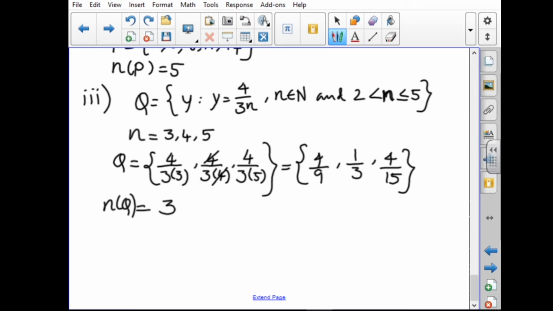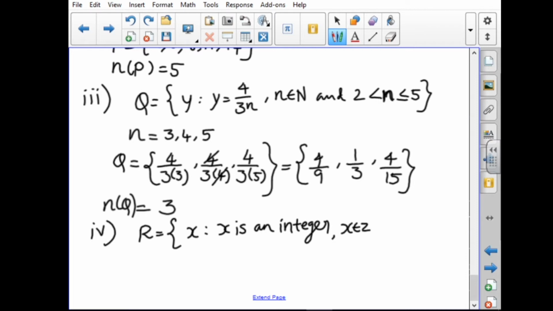Then the fourth question, R is equal to x, x is an integer, x belongs to Z and minus 5 less than or equal to x less than 5.